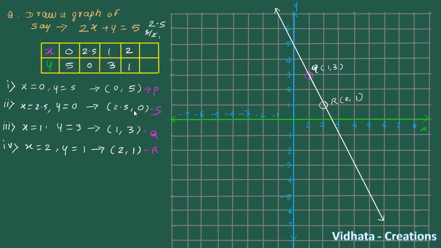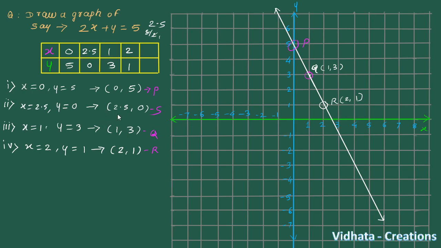What about the point P, (0, 5)? Now let us see about the point P. Its x coordinate is 0, and y coordinate is 5. And you can see that the point P also lies on the line.